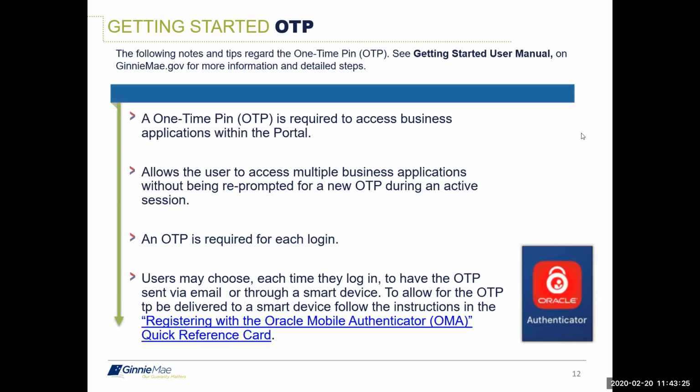This presentation is also posted on the modernization page of the GinnieMae website. You will also find that when you log into the portal, these instructions are made easily available to you. On the left-hand side of the screen, there is a link that will take you to the OMA, Oracle Mobile Authenticator, registration instructions. That is probably the easiest way to get to that information. Next slide.